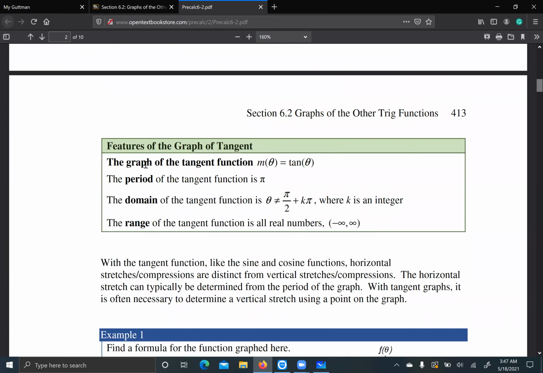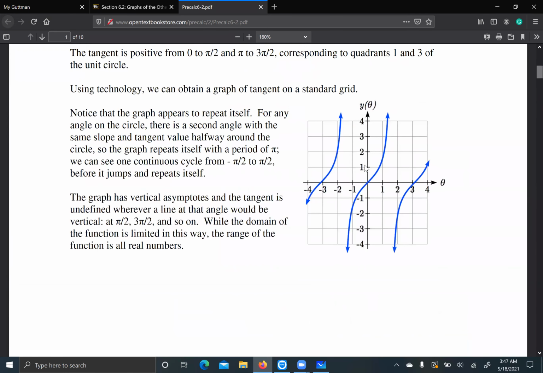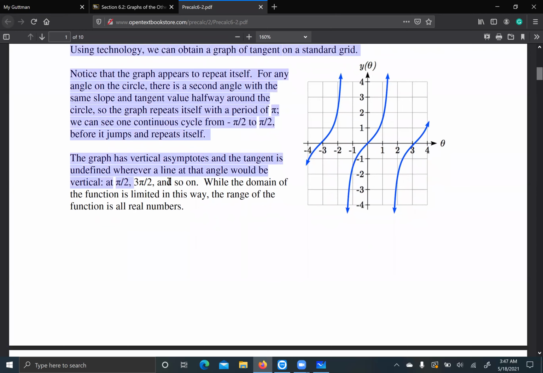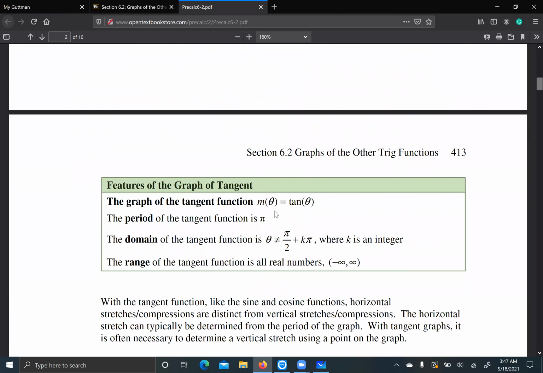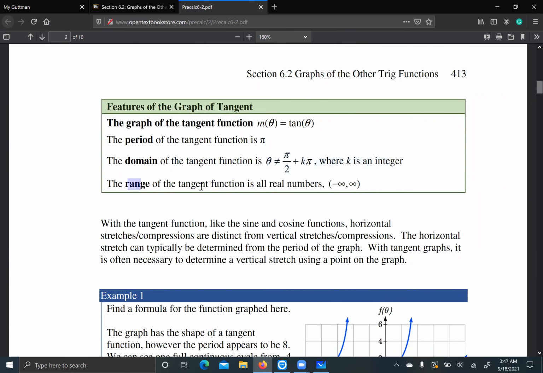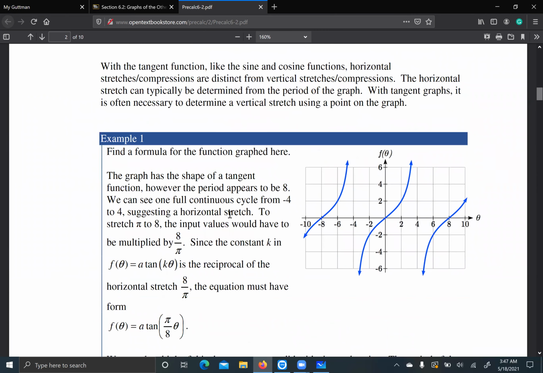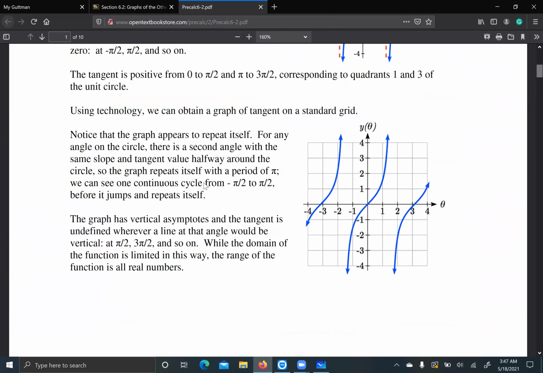To summarize, the graph of tangent has a period of pi. The domain is everything except these multiples of pi over 2, which give us the vertical asymptotes, like pi over 2, 3 pi over 2, 5 pi over 2. So we don't accept these multiples of pi over 2. And the range is everything, okay? So that's the graph of tangent.